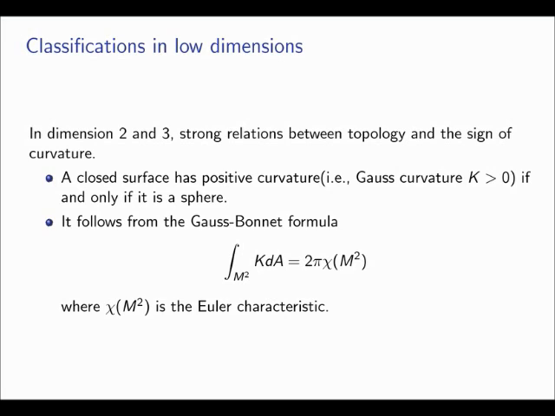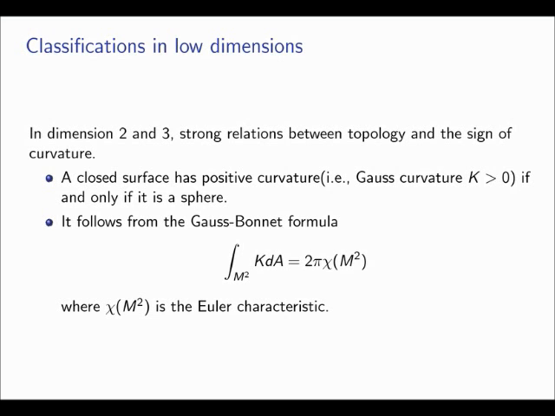That one is called chi, the Euler characteristic. For example, for the sphere, chi is equal to 2. This means we have a positive number here. You see for the sphere, it is positive on the right-hand side. So this means we have a positive k everywhere.